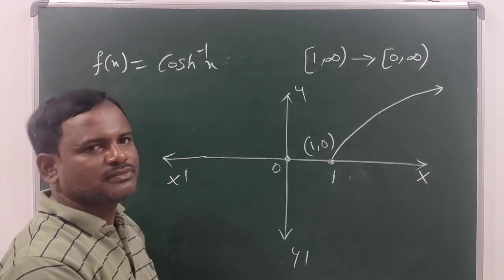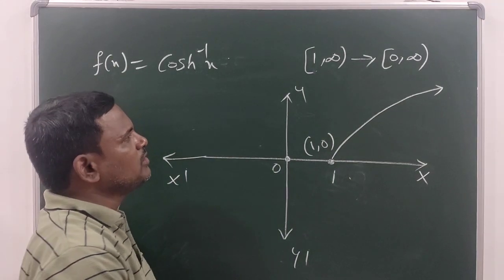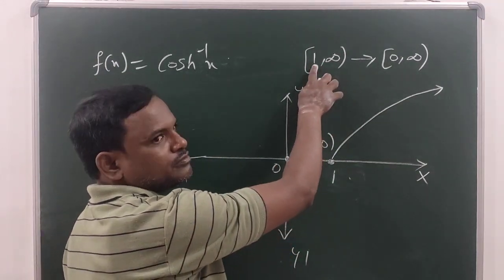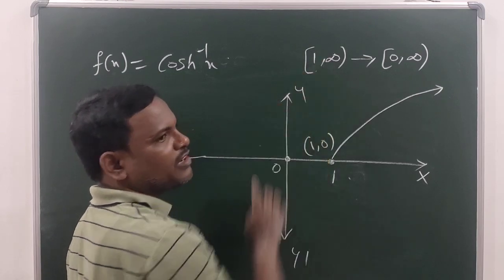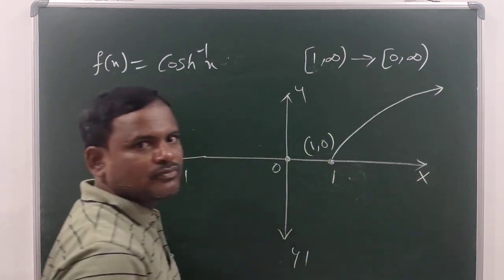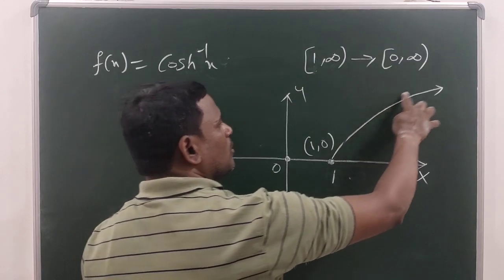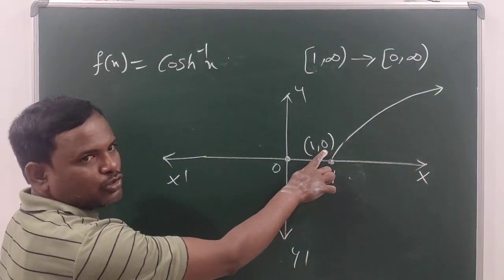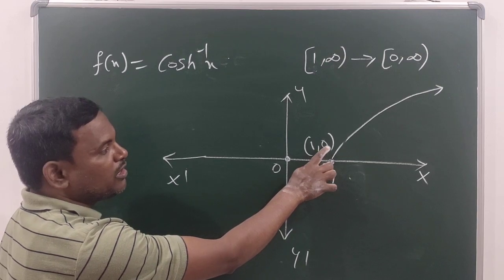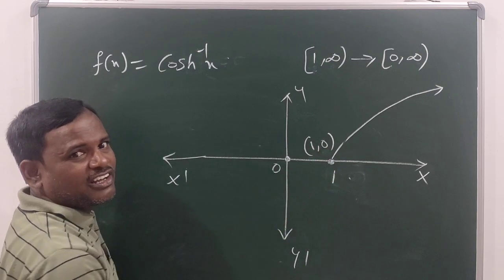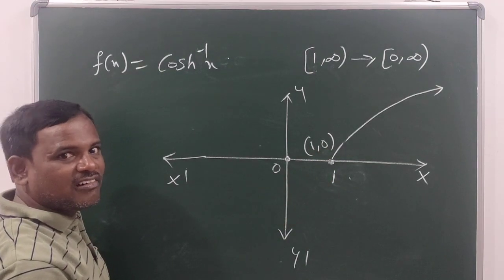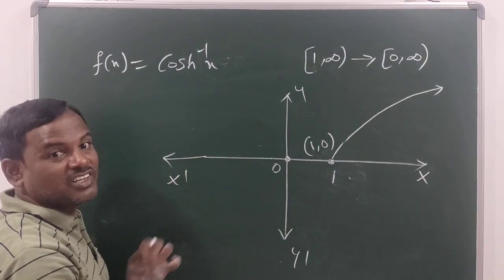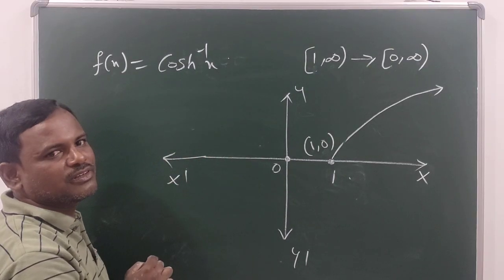In its inverse, if you keep on giving x values more than 1, then your range will go like this, 0 to infinity. The range is beginning from 0 here, where x is 1, in its inverse function, not in cos hx. Observe that.